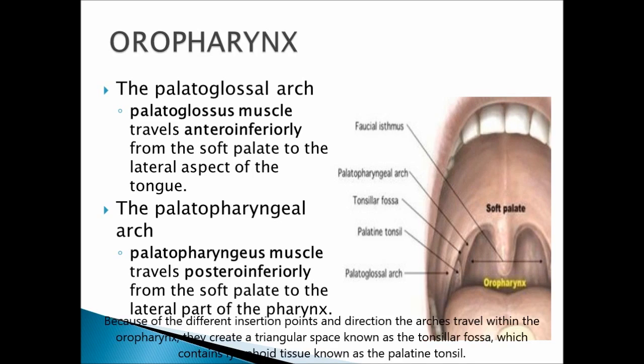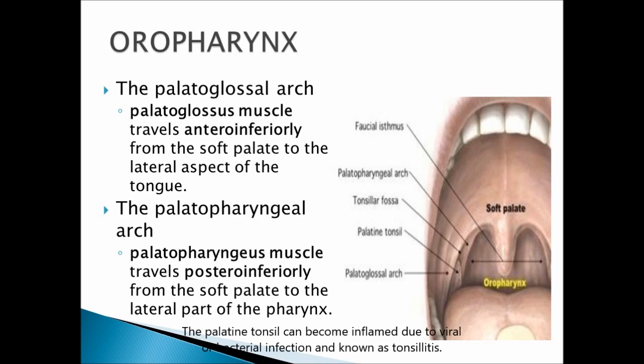Because of the different insertion points and the direction of the arches within the oropharynx, they create a triangular space known as the tonsillar fossa, which contains lymphoid tissue known as the palatine tonsil. The palatine tonsil can become inflamed due to viral or bacterial infection, which is known as tonsillitis.